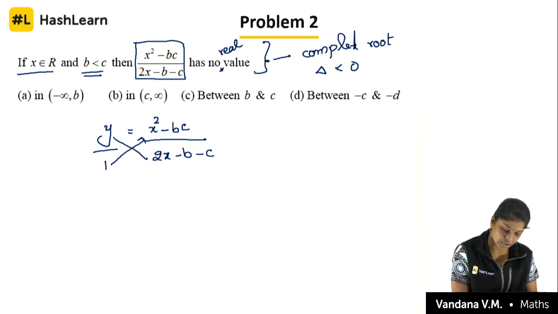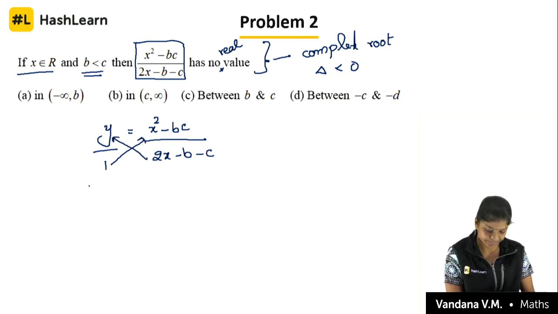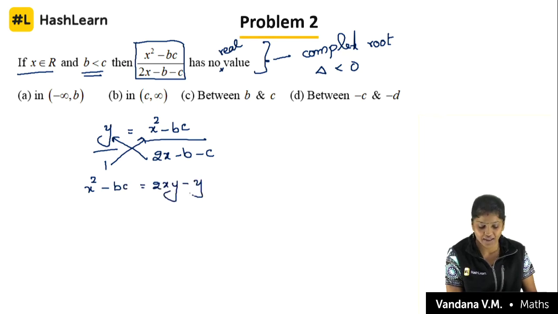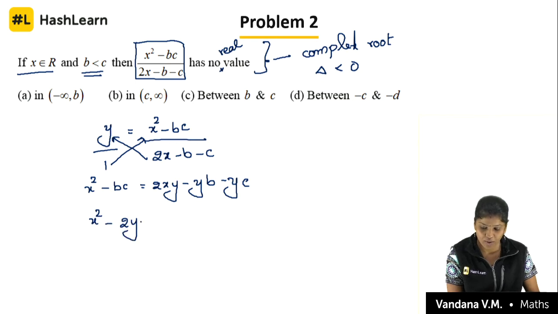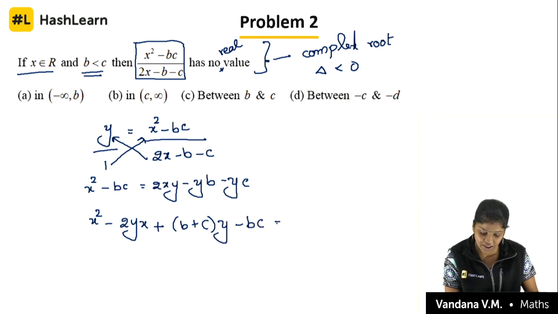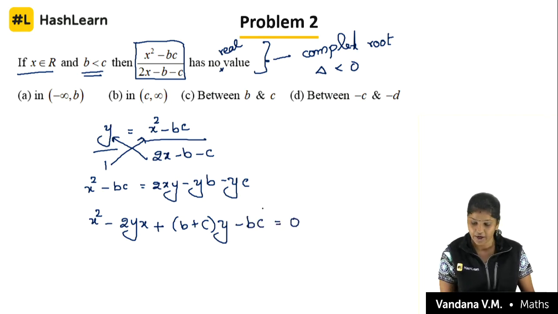Now do the cross multiplication. x square minus bc is equal to 2xy minus yb minus yc. Bring it to one side and write it as a quadratic equation. We will get the given equation as x square minus 2yx plus (b plus c) into y minus bc is equal to 0.